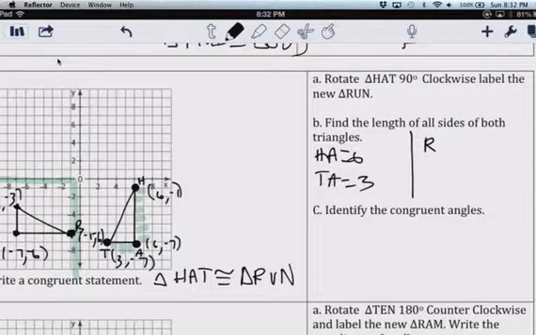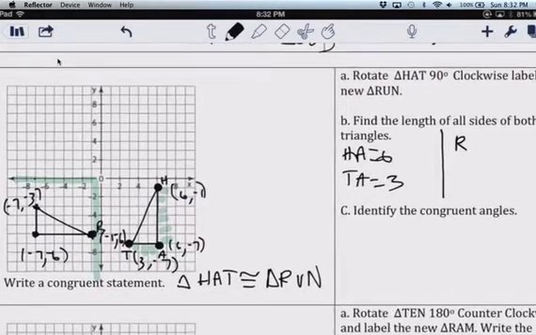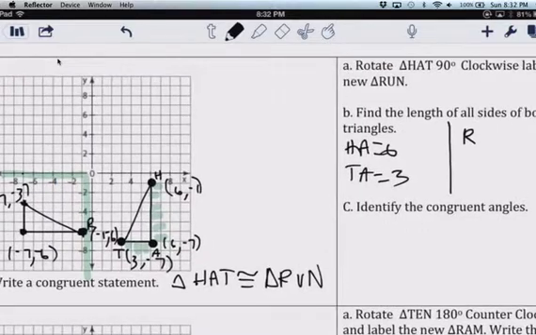RU. This is U and N here. RU is equal to 6 and UN equals 3. And we need to find HT, which is RN.